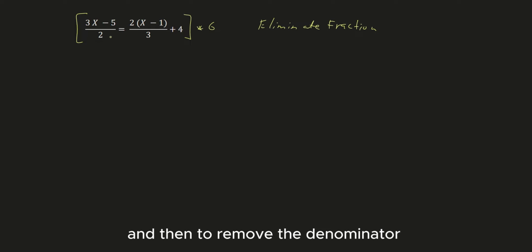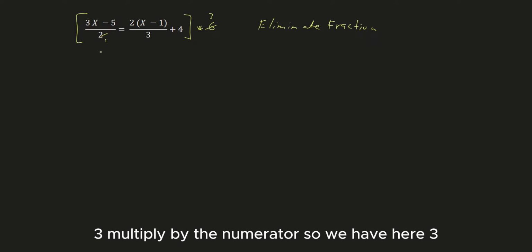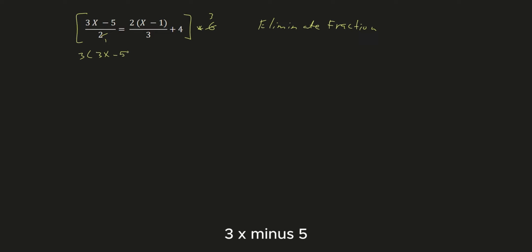And then to remove the denominator, 6 multiplied by the left side, here we get 3, 3 multiplied by the numerator, so we have 3x minus 5.